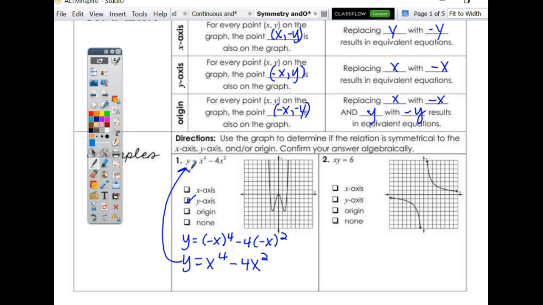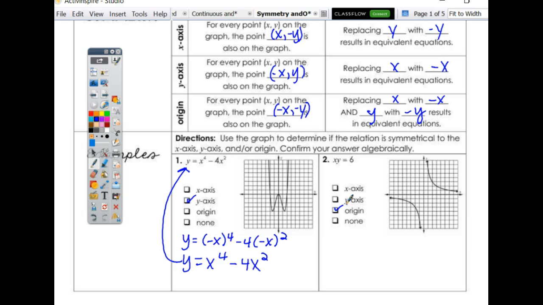Okay, so if I fold this in half this way, would this touch this? So it's not around the y-axis. If I fold this down, would it touch? No, so that's not x-axis. If I rotate this 180 degrees, it is the same. So this is origin. If it's the origin, I have to replace the x and the y.